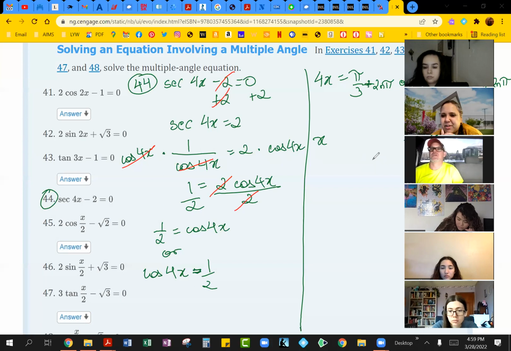Because, ultimately, whenever you're solving the equation, it's the variable, the unknown that you're trying to solve. So that's why we need to get rid of that 4 and just get x by itself for that final solution. So I'll give you guys another couple seconds.